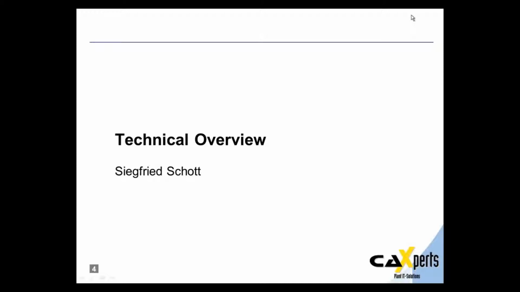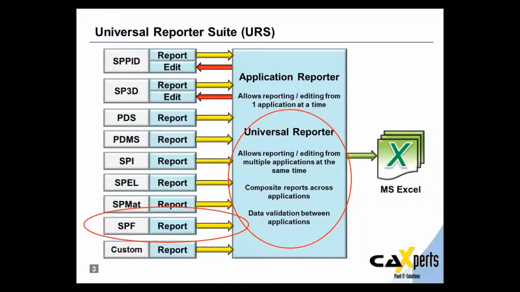Just wanted to go over one of the points that Siegfried was making, which, if we come back to our view of the Universal Reporter, you actually saw him taking the values from the 3D and then copying them over to the P&ID report and then writing those changes back.